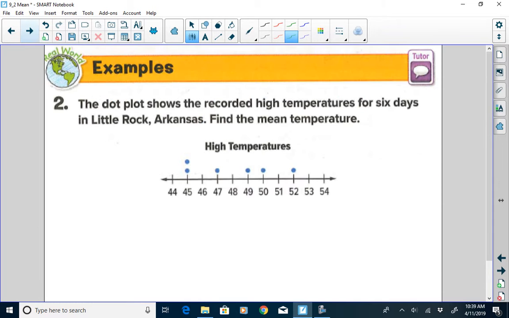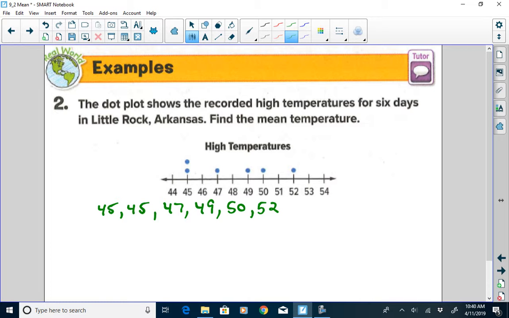Alright, so we continue. Now we want to be able to calculate the mean from looking at different displays of data. Here we have a dot plot, and we're asked to find the mean temperature. If I'm using the dot plot, I always like to list my temperatures, usually from least to greatest. So I have two temperatures of 45, then a temperature of 47, a temperature of 49, a temperature of 50, and a temperature of 52. Now we need to find the mean of those temperatures.